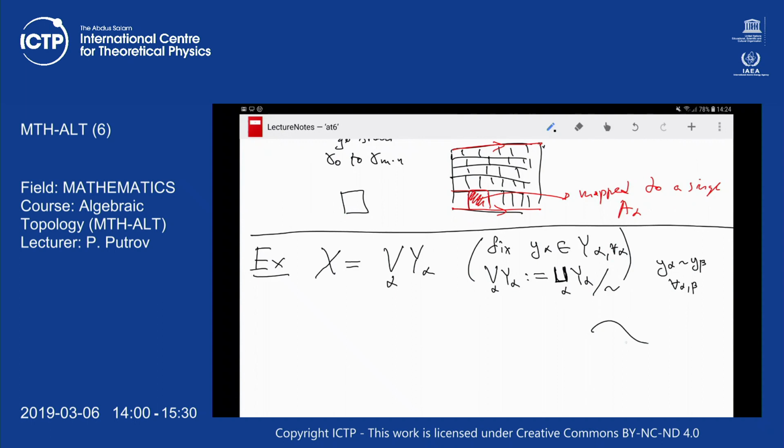So one can imagine we start with some topological spaces, Y1, Y2, Y3, and so on, and we just glue them at a single point: the point y1 of this one, the point y2 of this one, and so on.